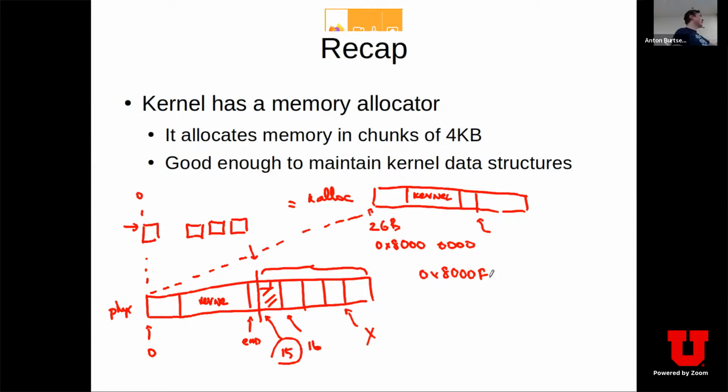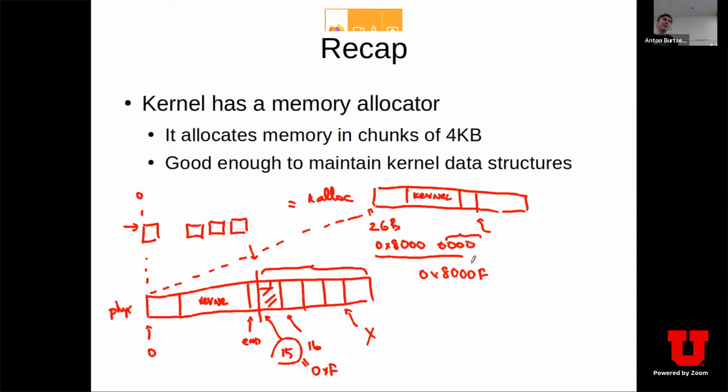So this arithmetic which I did, does it make sense to you? Any questions about how we came to this number, 8000F, right? The logic here is that in hex 15 is F, and since we're adding this shift, and since it's a page number, this is an offset within a page, right?